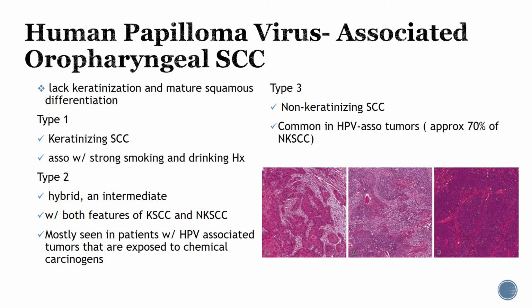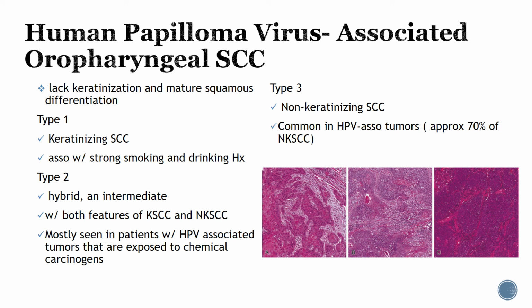Type 3 is non-keratinizing squamous cell carcinoma. Type 3 is common in human papillomavirus-associated tumors, approximately 70% being non-keratinizing squamous cell carcinoma. The presence of cytologic atypia and mitotic features will lead to the correct diagnosis.